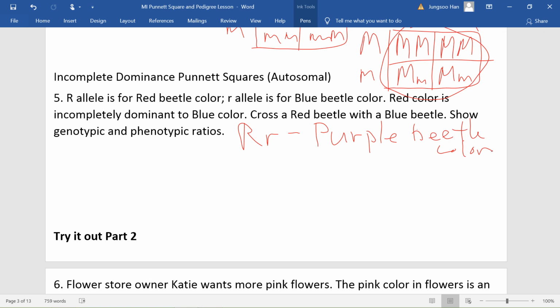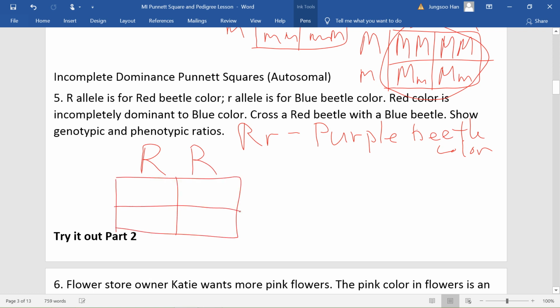So a beetle that is red in color for incomplete dominance Punnett squares has to have the genotype big R, big R, okay? Because if that beetle is big R, little r, then it would be purple in color, okay? So we'll put that one on top. So big R, big R, okay? And then with a blue beetle, they have to be little r, little r.